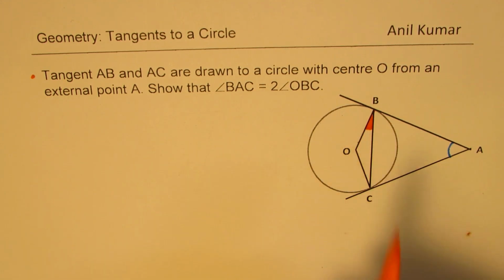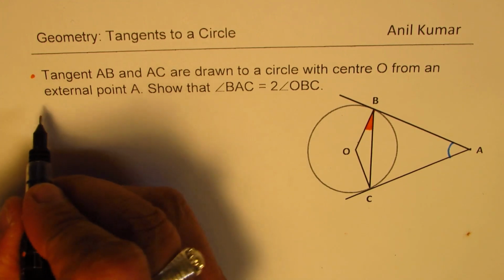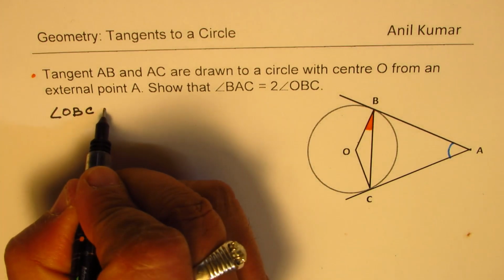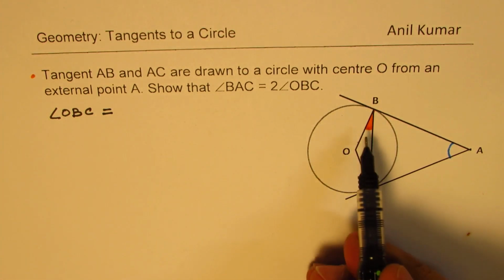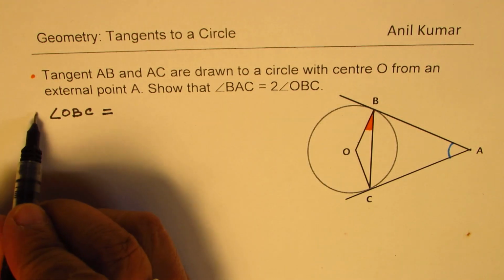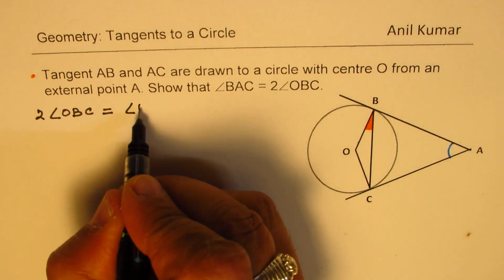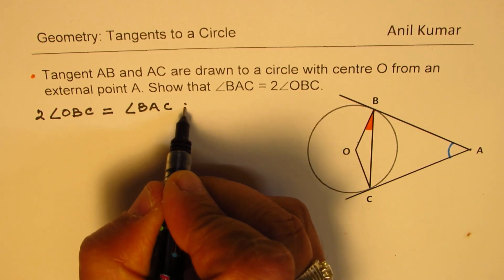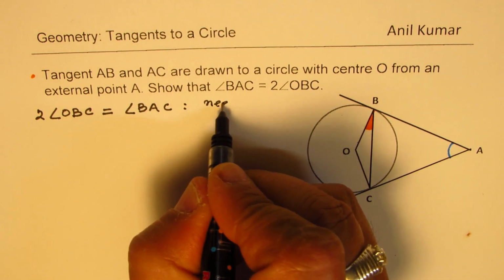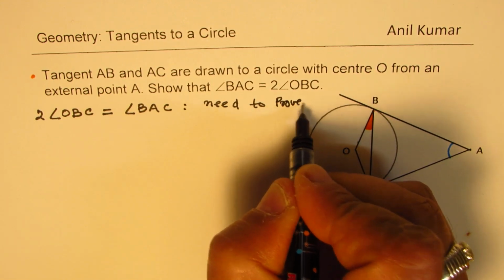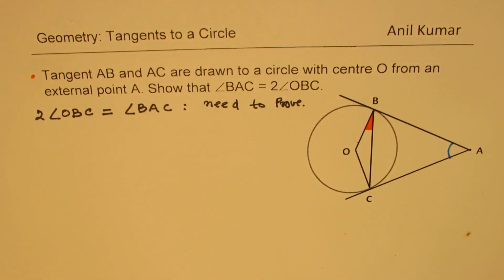So the relation between these two is that angle BAC is equal to twice angle OBC. That is what we need to prove. Clear? Now, let us look into this proof first.